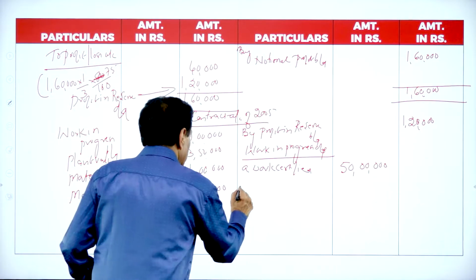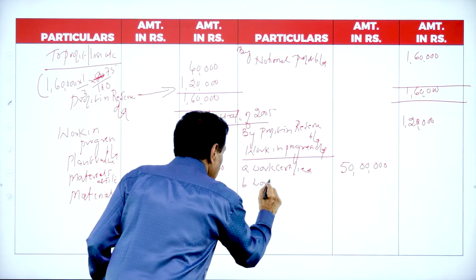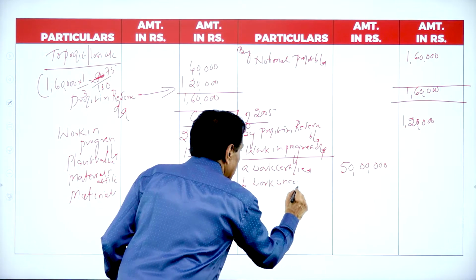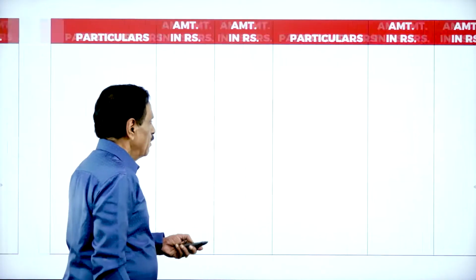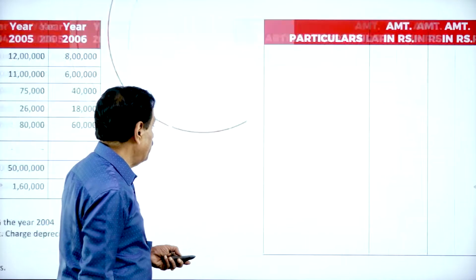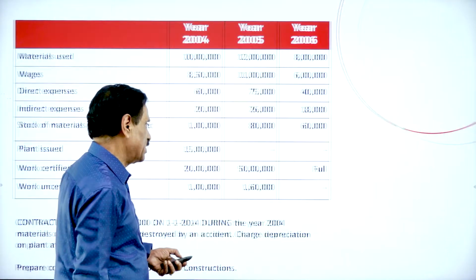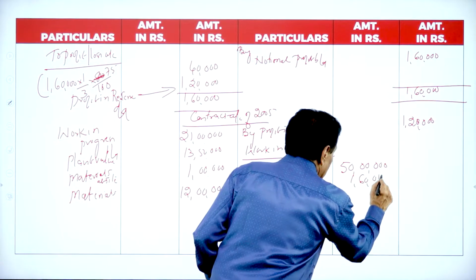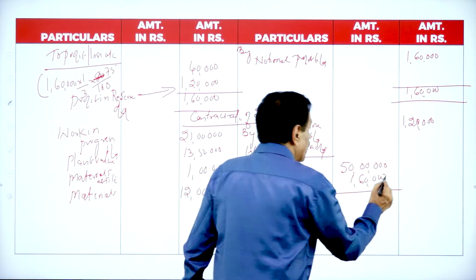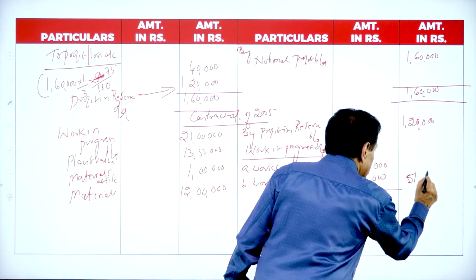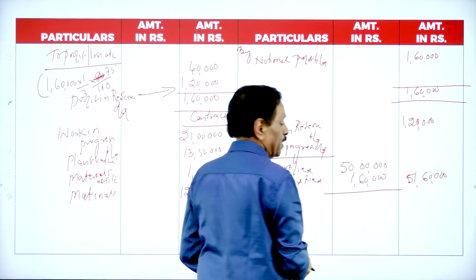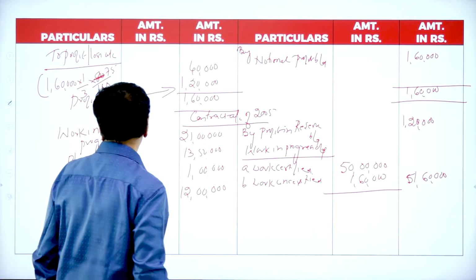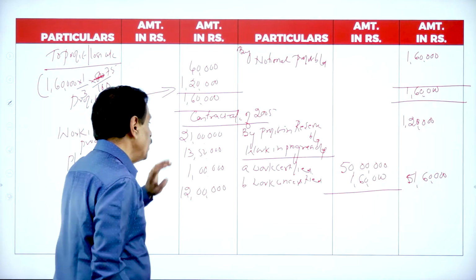Plus b. Work uncertified. What's your work uncertified here? 1,60,000. It becomes 51,60,000. What's your plant value?